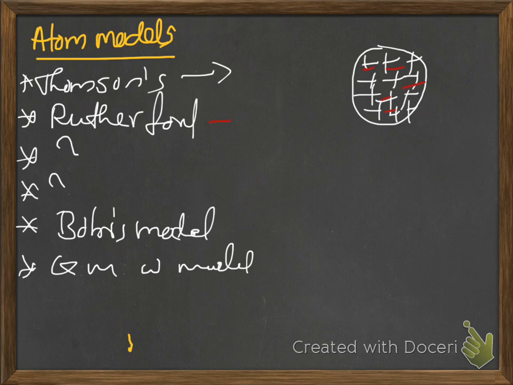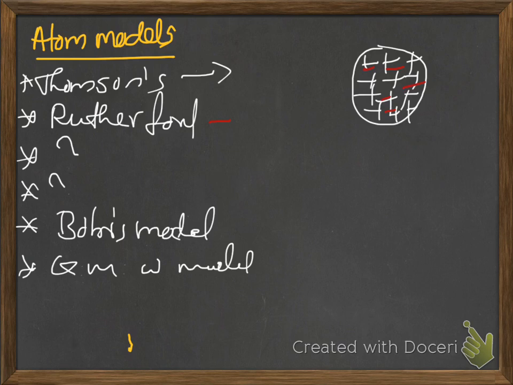Entire positive charge means protons, and most of the mass means the particles having higher mass. Both neutrons and protons are present in a small region called nucleus. That was his first postulate.